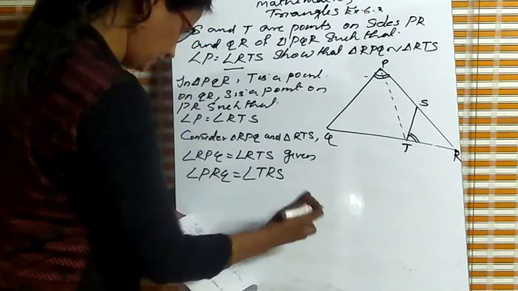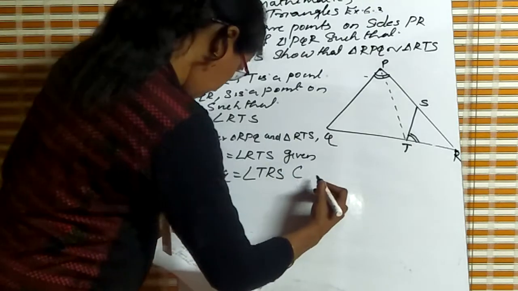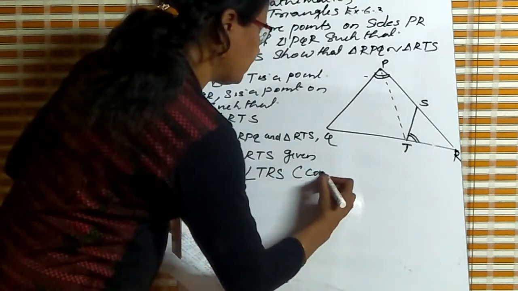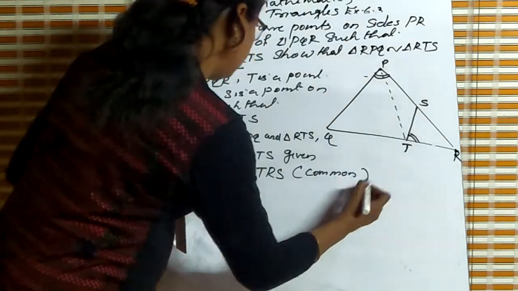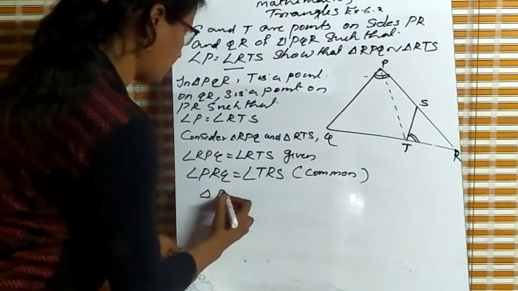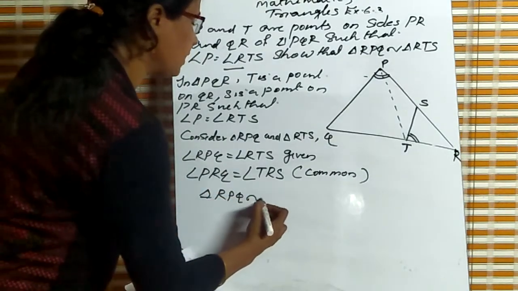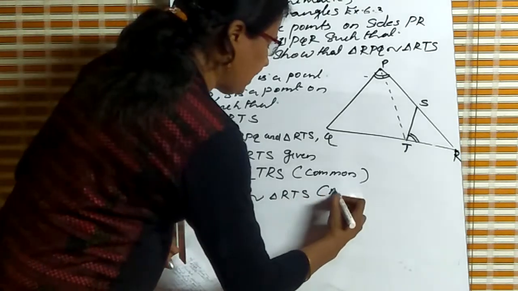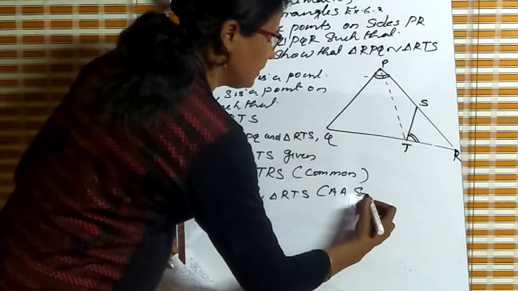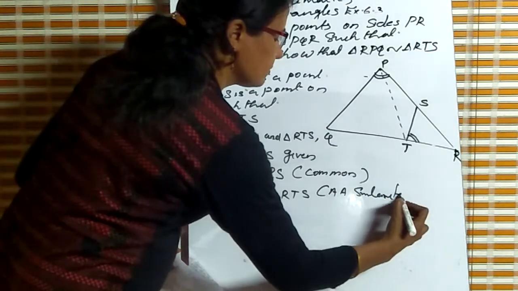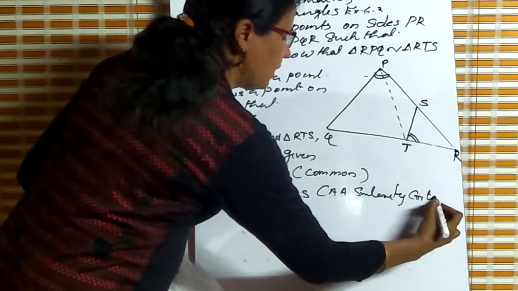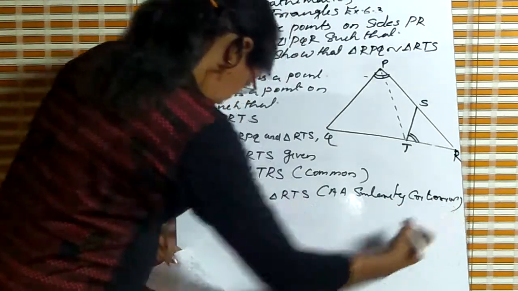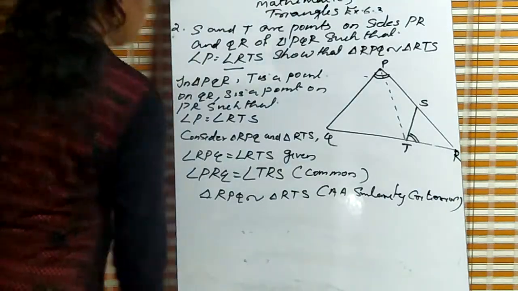PRQ and TRS are common angles. Therefore, triangle RPQ is similar to triangle RTS by AA similarity criterion.